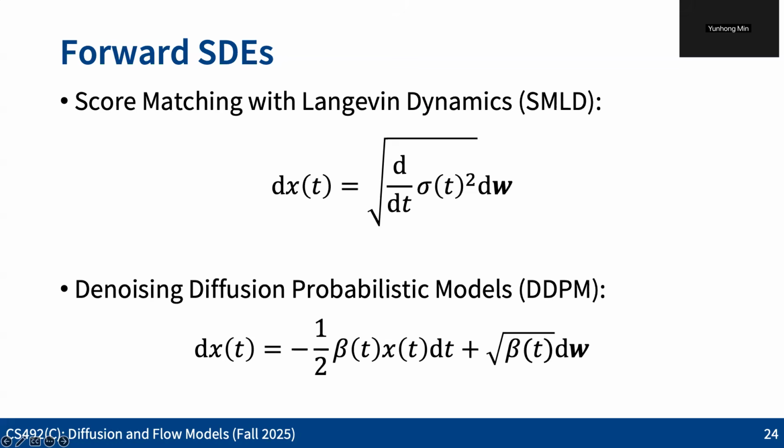And more importantly, given this forward SDE, we can also directly define the reverse SDE as well. This means that the reverse process can also be performed by just solving the SDE formulation. So that's the basic idea.